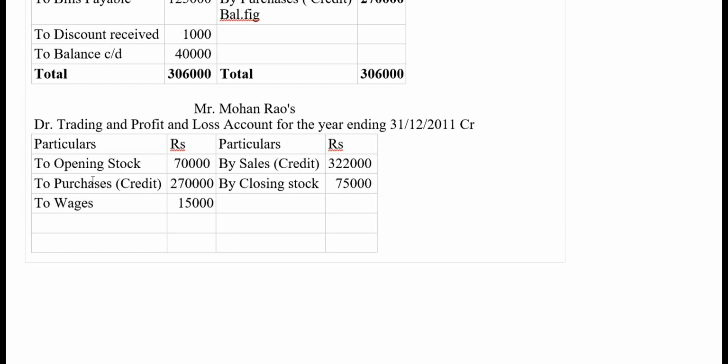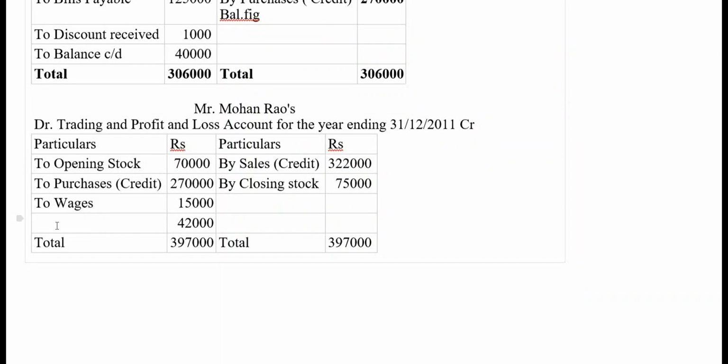Now let's take the total here. Let's leave a line here. I think the credit side is more. So the total here will come to 3,97,000. Let us write the total here also, 3,97,000. The difference here, when you deduct these three from the 3,97,000, is 42,000.